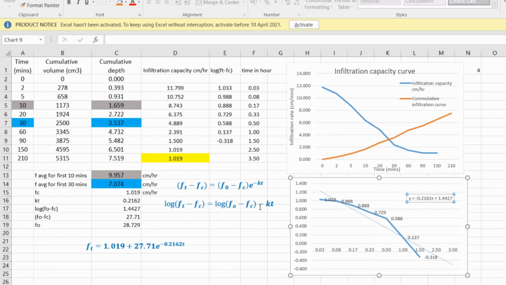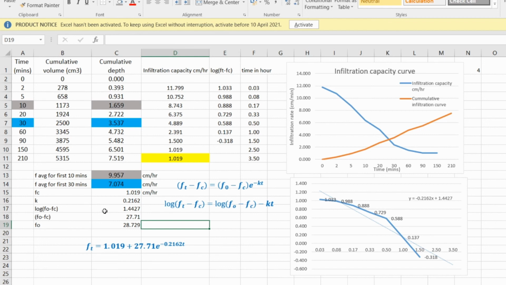From this equation we can say what your k value is. The k value is 0.2162. I have written here the k value as 0.2162. Similarly, what is this value 1.4427 representing? It is representing c. c is nothing but log of f naught minus Fc.